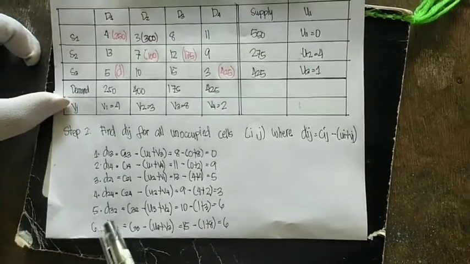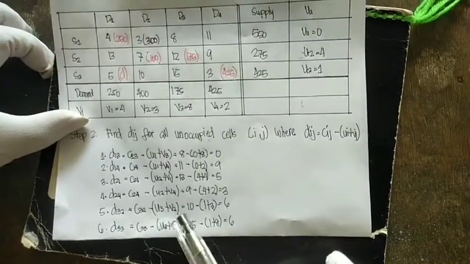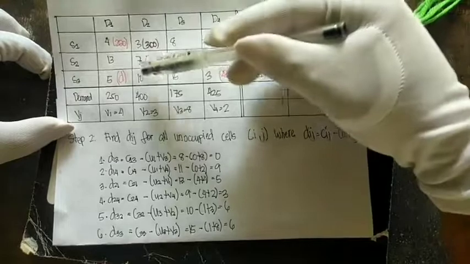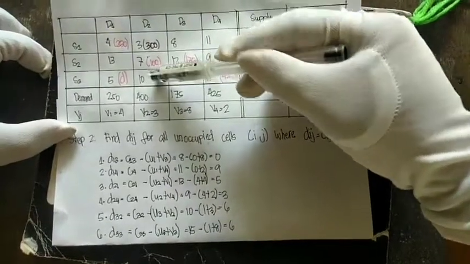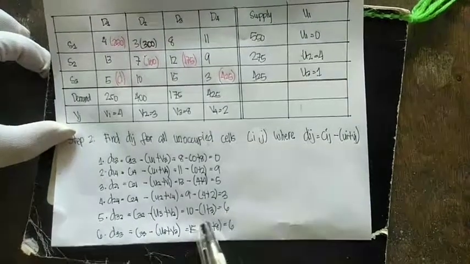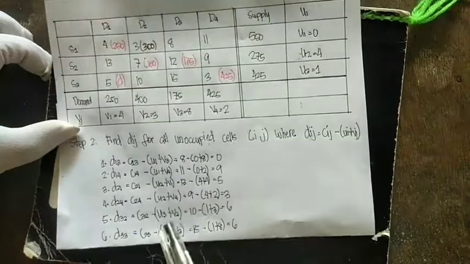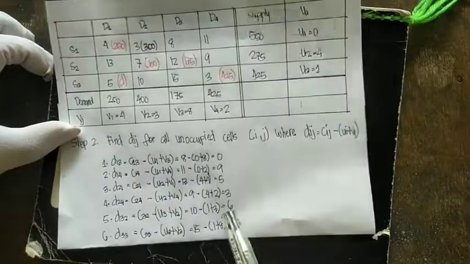For our number 5, D32, so C32 minus U3 plus V2 equals 10. Since this is an unoccupied cell for the D32, 10 minus U3, the value for U3 is 1, and the value for V2 is 3, so equals 6.